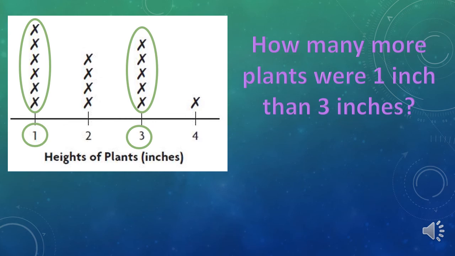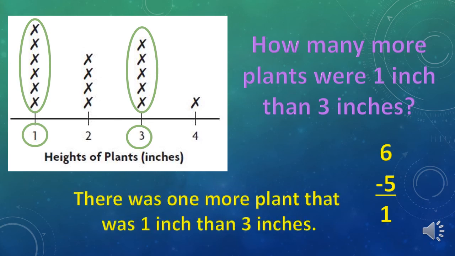I will need to take 6 minus 5. And when I solve that very simple subtraction equation, I find the difference of 1. So to answer the question, how many more plants were 1 inch than 3 inches, I can answer it like this. There was 1 more plant that was 1 inch than 3 inches.